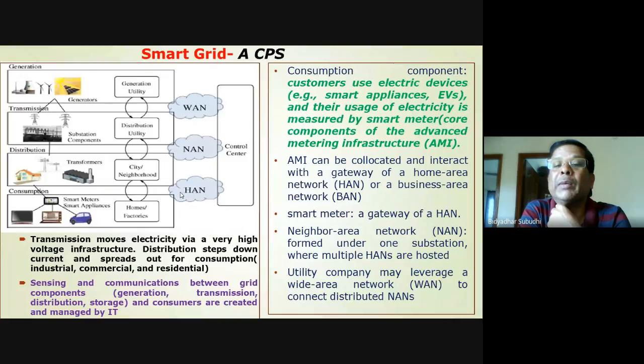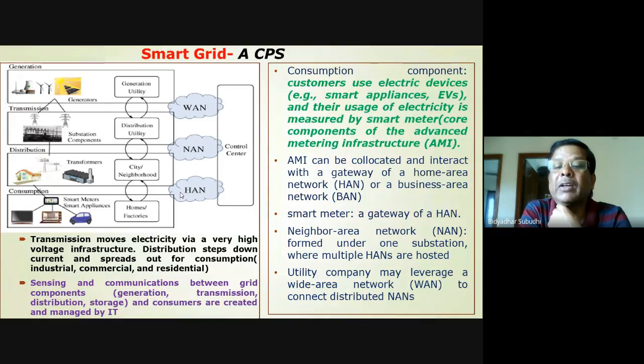So we want to employ advanced metering, what we call AMI, advanced metering infrastructure. Those AMI can be collocated and interact with the gateway of a home area network or a business area network. The smart meters can connect with gateways of the home area network, or with the neighboring area network, or with multiple home area networks.